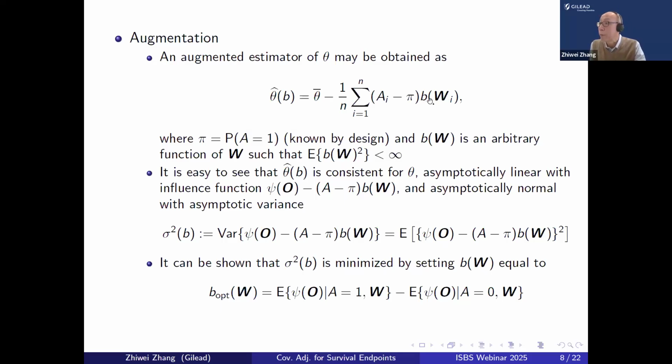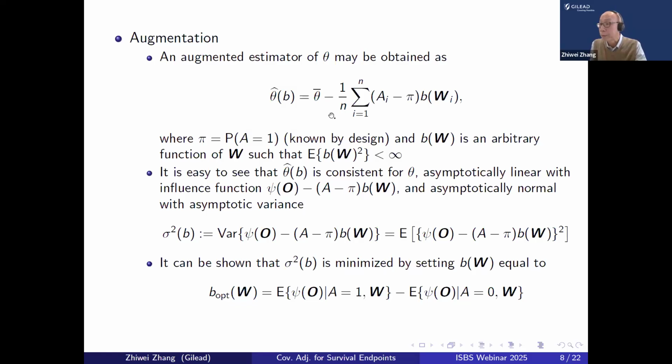For any such function b, you can see that this augmentation term is really a sample average, which converges to 0. Therefore, the augmented estimator converges to the same limit as the initial estimator, and therefore is consistent for theta, right?